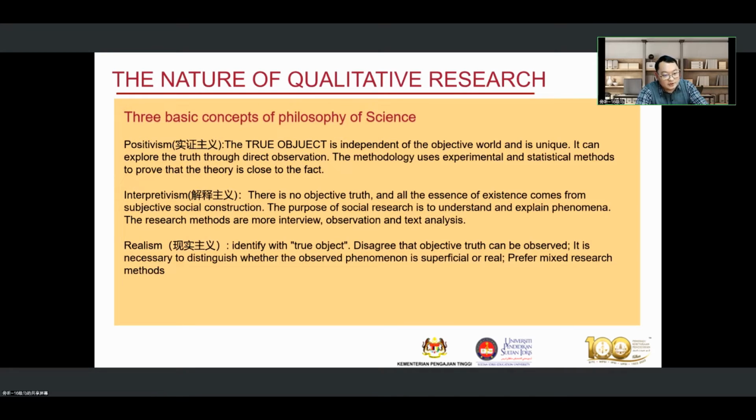The methodology uses experimental and statistical methods to prove that the theory is close to the fact. They think that our natural science research is generally based on this understanding.